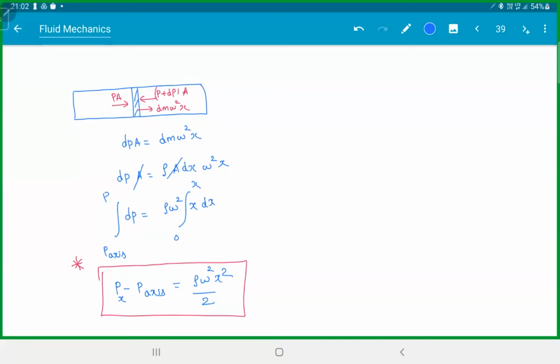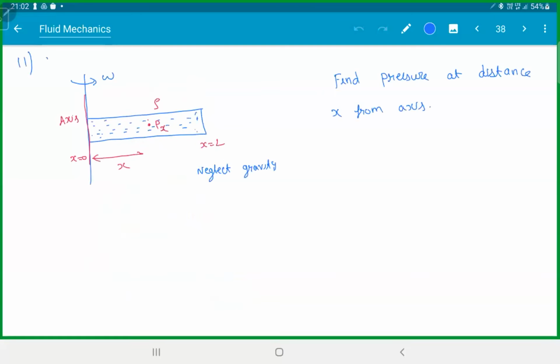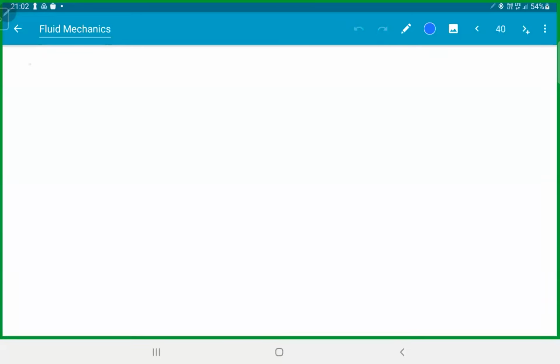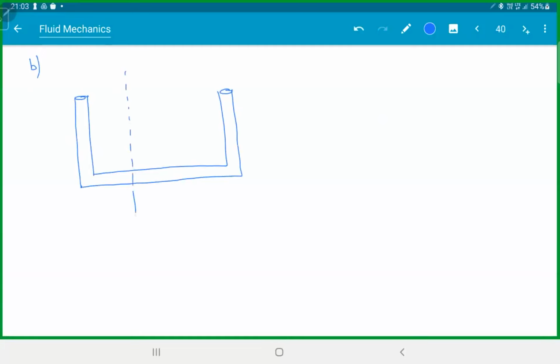Clear? Next one. Let's see how they'll frame a question on this. I'll just call this 11A. We have a U-shaped tube here. You're rotating about this axis at a distance of L by 4, at a distance of 3L by 4.